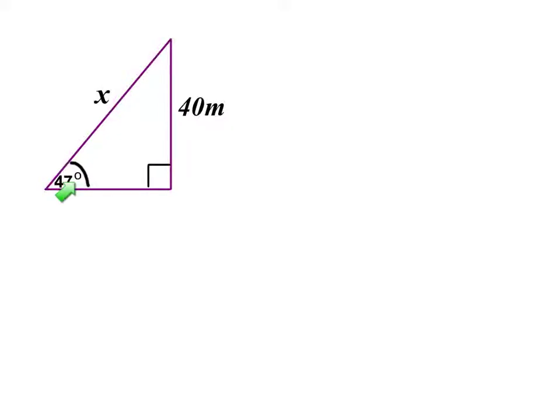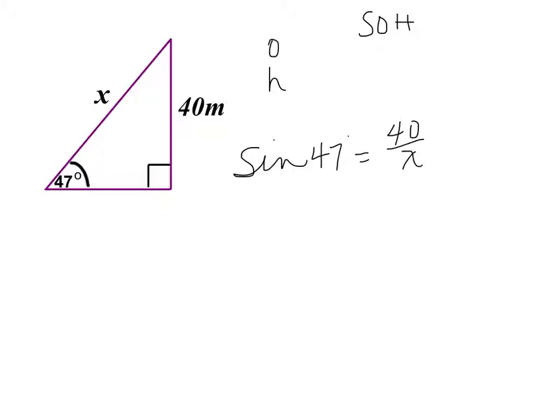Again, the angle, they gave me the opposite. I'm writing O. They gave me the hypotenuse. That's what I'm looking for. The hypotenuse. So I need sine. The sine of 47 degrees is equal to opposite over hypotenuse.